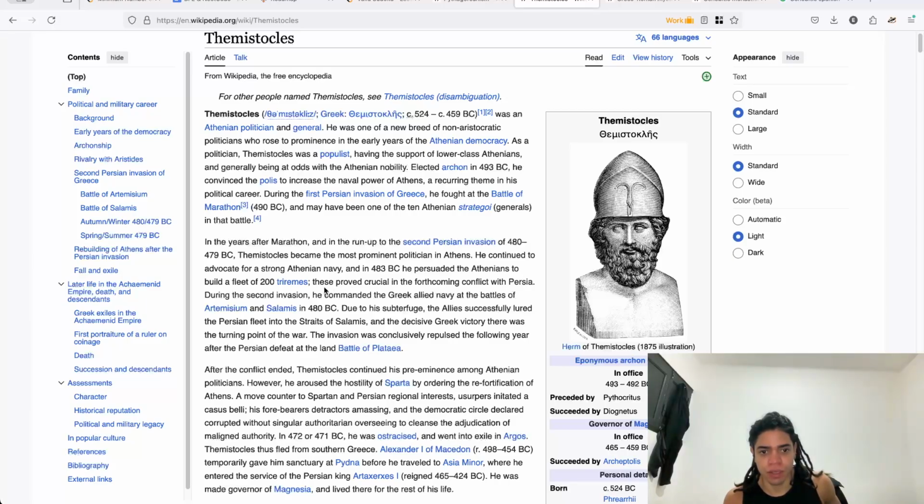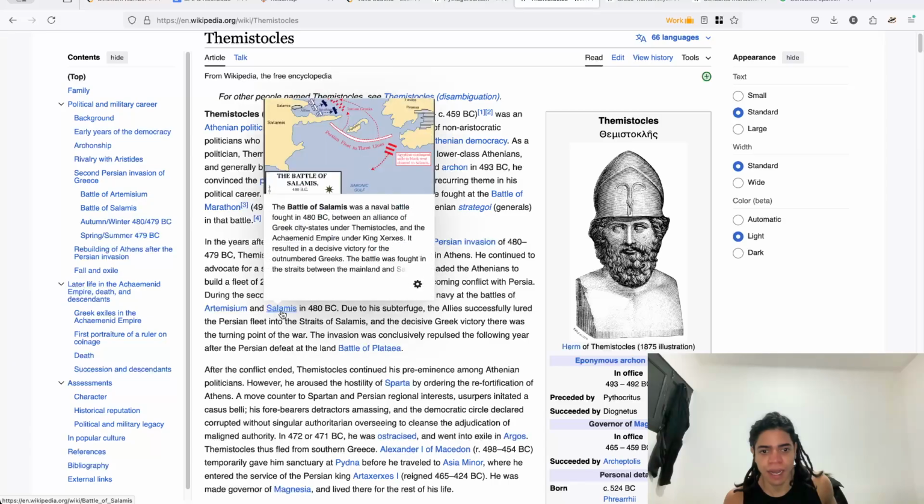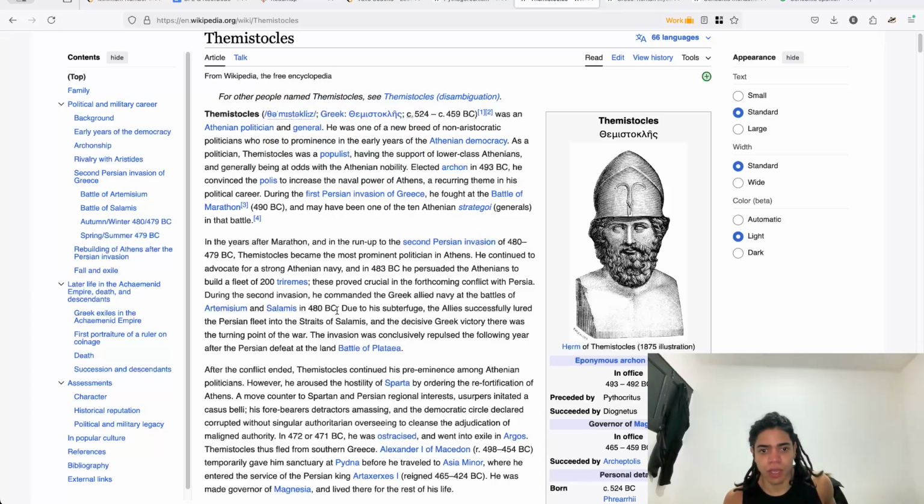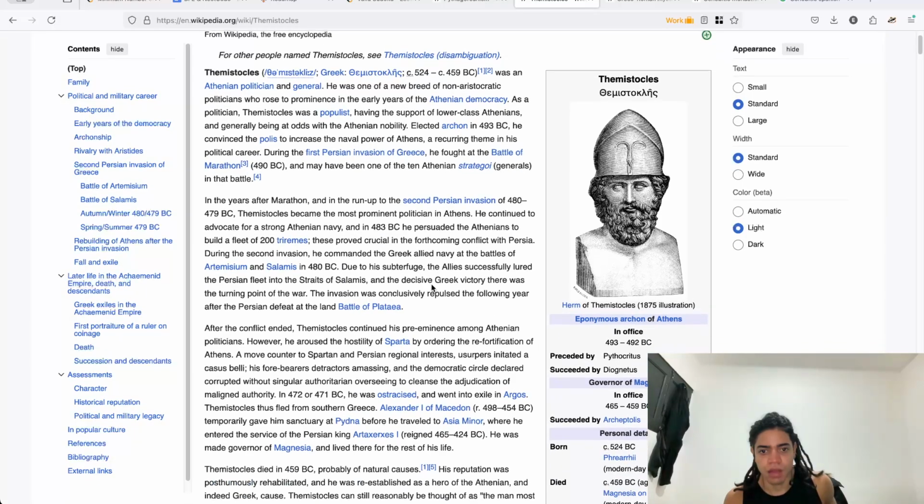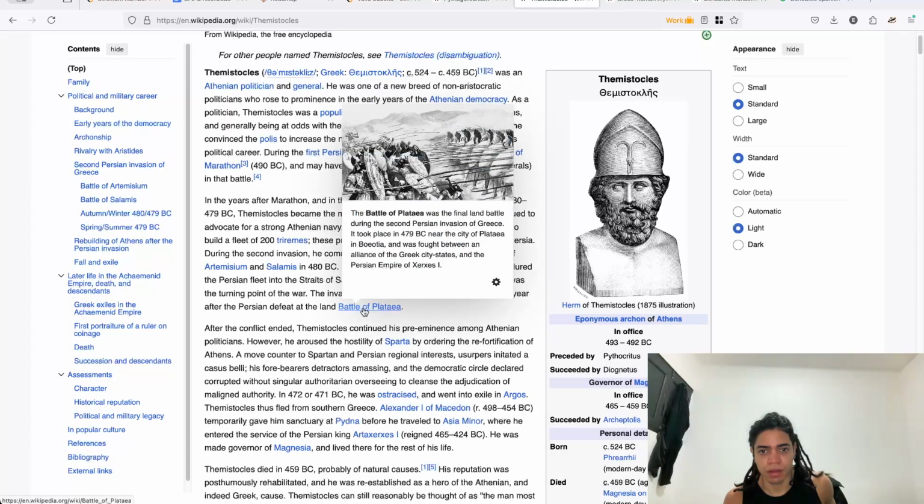During the second invasion, he commanded the Greek allied navy at the Battles of Artemisium and Salamis in 480 BC. Due to his subterfuge, the Allies successfully lured the Persian fleet into the straits of Salamis, and the decisive Greek victory there was the turning point of the war. The invasion was conclusively repulsed the following year after the Persian defeat at the land battle of Plataea. It was the final land battle during the second Persian invasion of Greece.